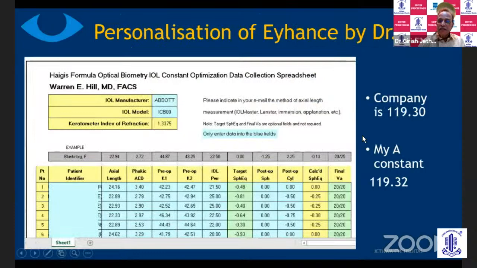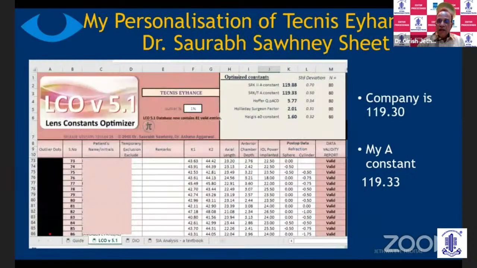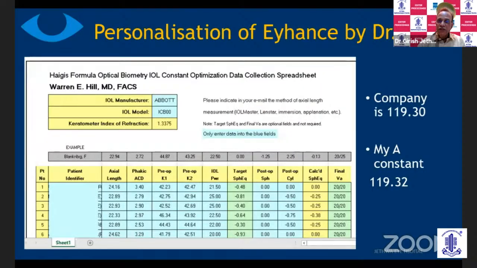So there is definitely some change in personalization. Whereas when I entered the data in Dr. Hill's for IHANS, it was 119.32. So in Sony it was 119.33. Here it is 119.32. So this is the personalization I got, and I got better results.